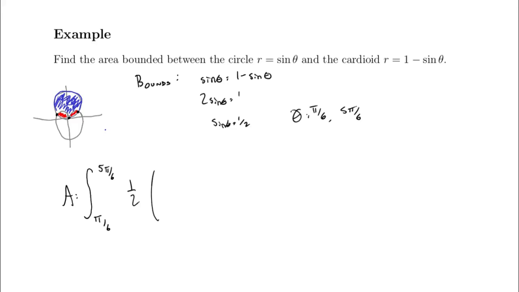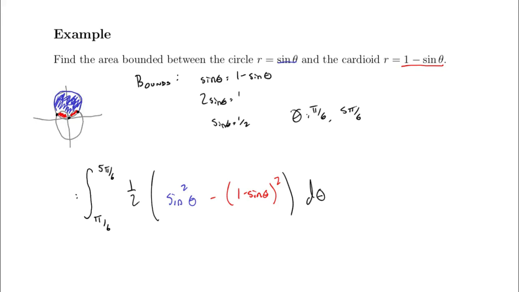So again, we're going to think outer curve. That's where r is bigger. Here you can see r is really close to 0, and now r is going to be way up here on the circle. So this is going to be sine squared theta, that's this one, minus 1 minus sine squared theta, d theta. Now, that's not the area that we care about.